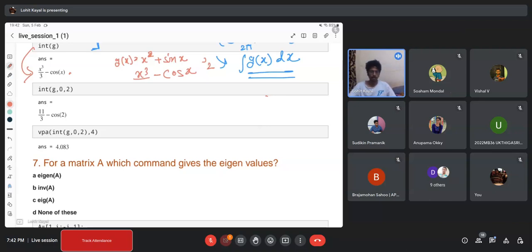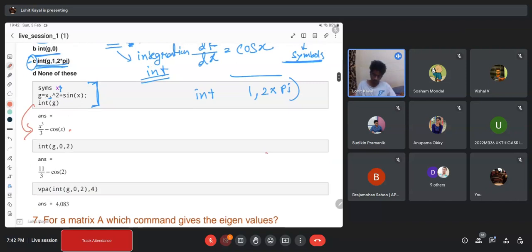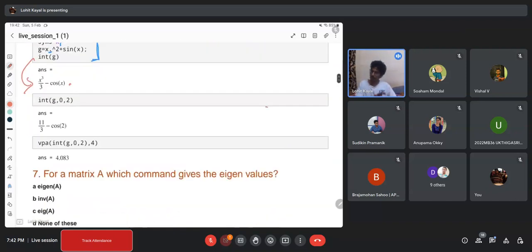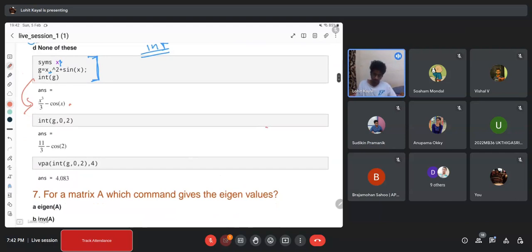When you learn loops, you can do it very easily. I will not discuss loops today. When the loop is discussed in class, then I will do that problem.